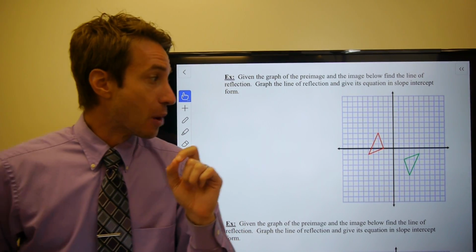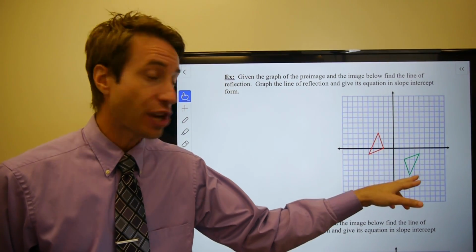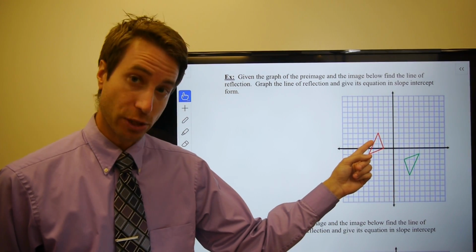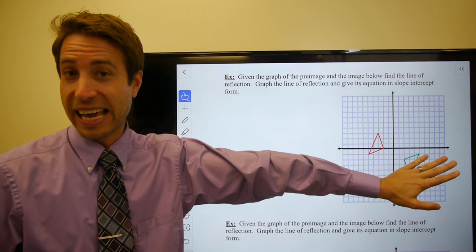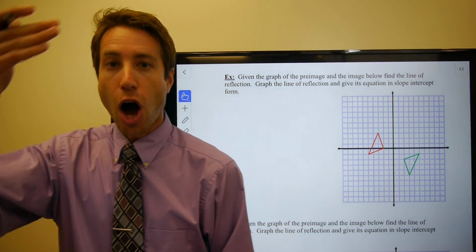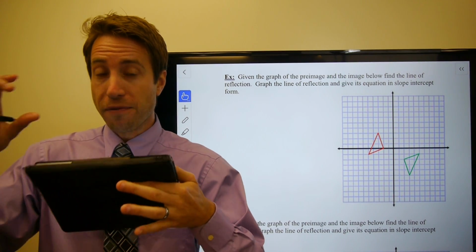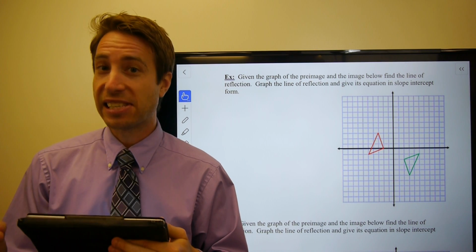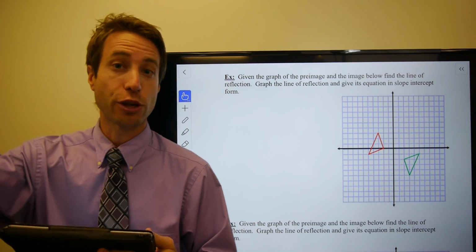Remember we said that whenever you are given the pre-image and its image, the pre-image being what you start with, and the image, in this case the reflection, across the line of reflection both of the figures are going to be the same distance from the line of reflection. Think about looking at yourself in a mirror.